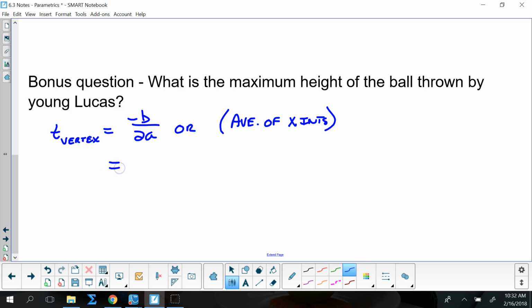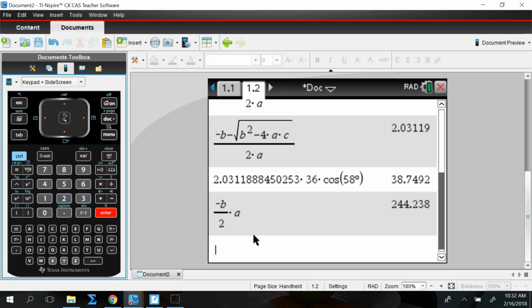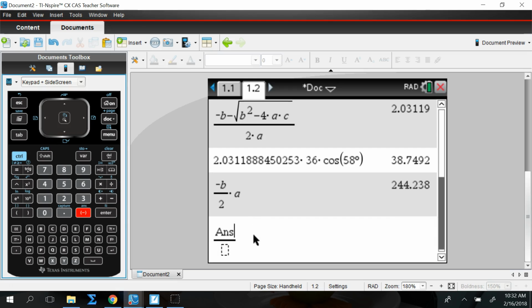So that's going to give me opposite of B divided by 2A. Whoa, that's wrong. Oh, I forgot to put it in parentheses. We'll go like this then. The opposite of B, oh.